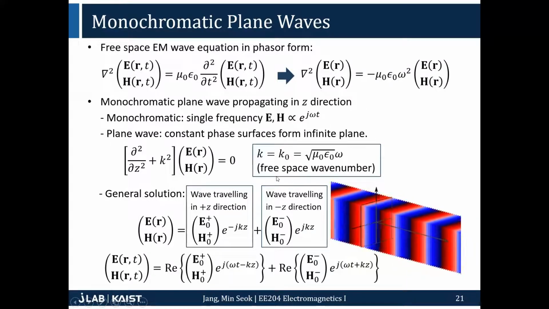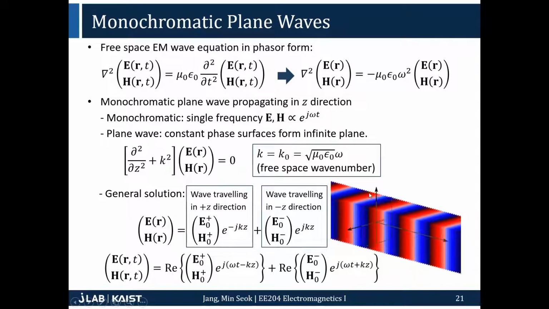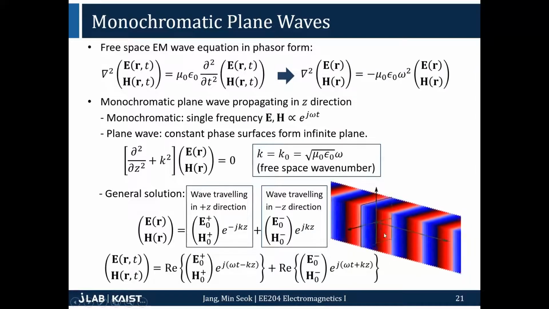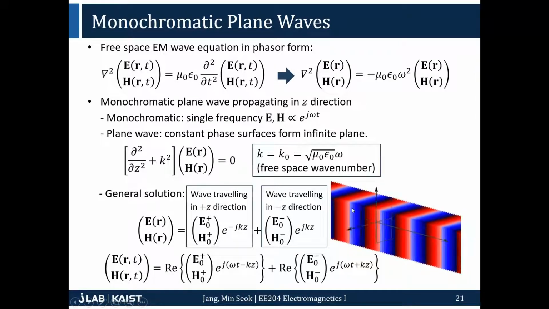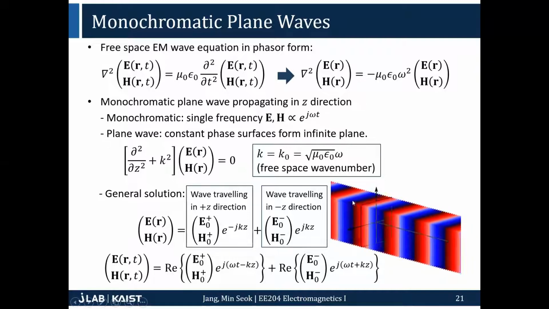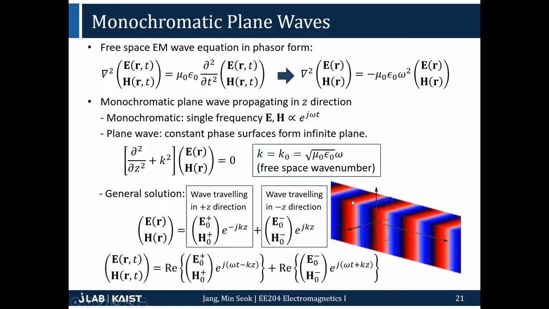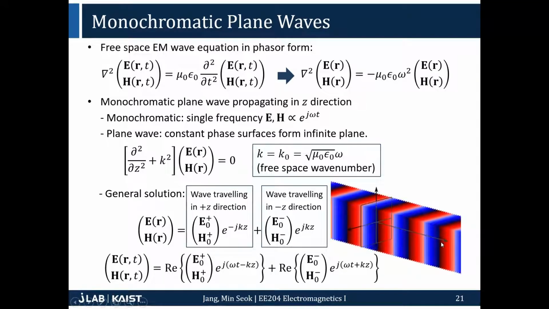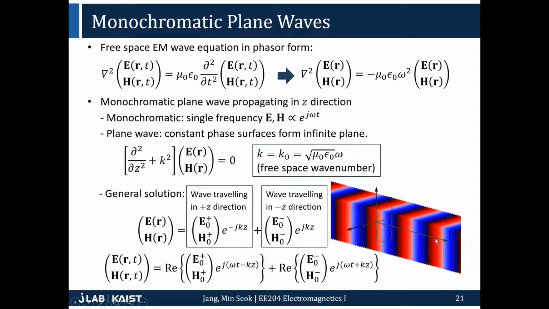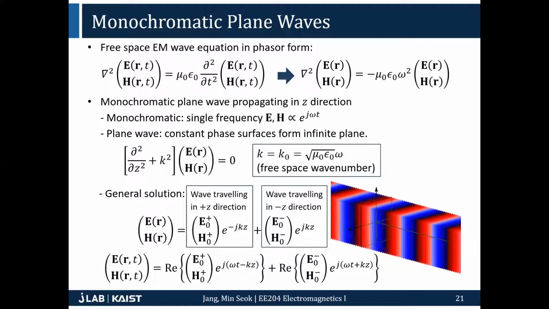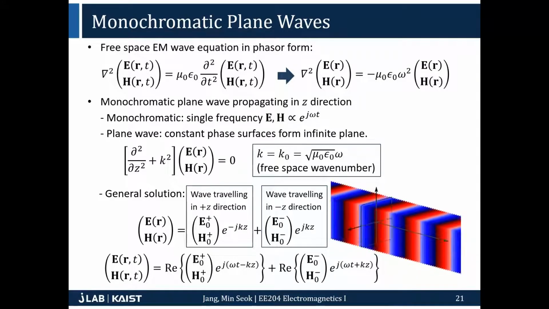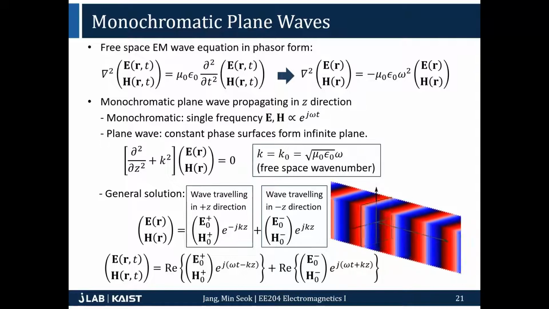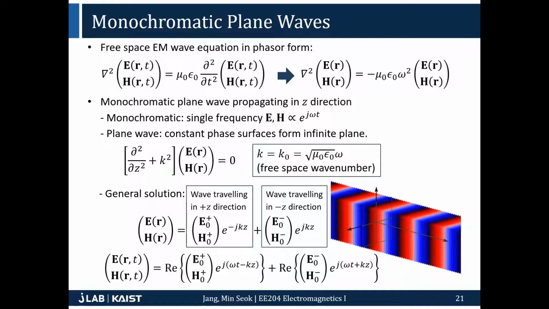So what does that mean? You can see the train of phase fronts in this GIF animation: a wave is propagating along this direction. We set this direction to be the z direction. Then this wave is propagating along z, and its constant phase surface is always parallel with the xy plane.